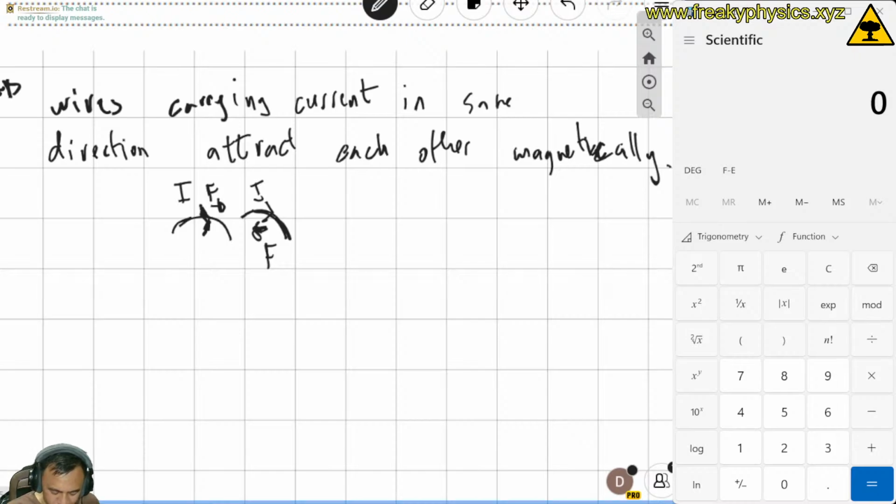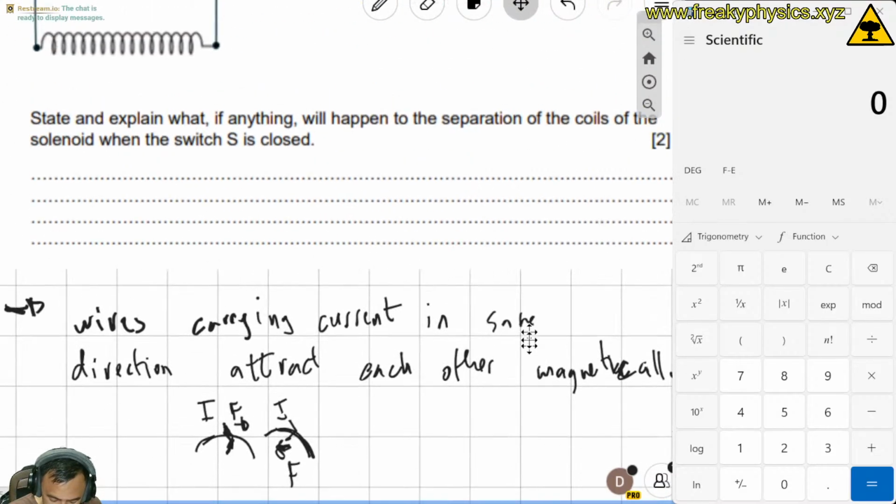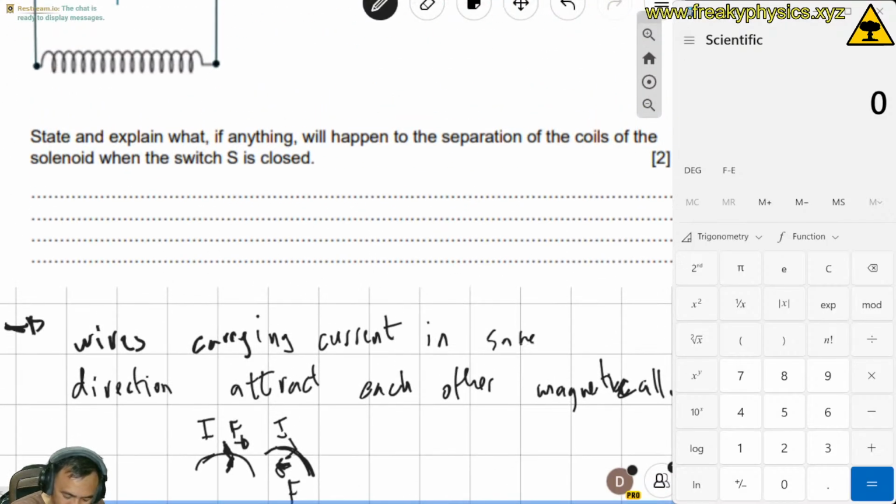So if there's a gap between those coils, what happens? It closes. Now this is the short way, but because of the word "explain" in the problem, we have to go into the actual physics behind it. So the shortcut tells us what happens, the state part. So coils come closer, right?